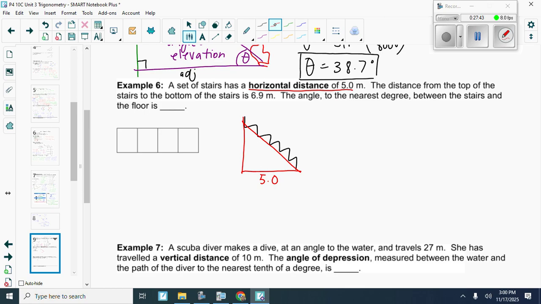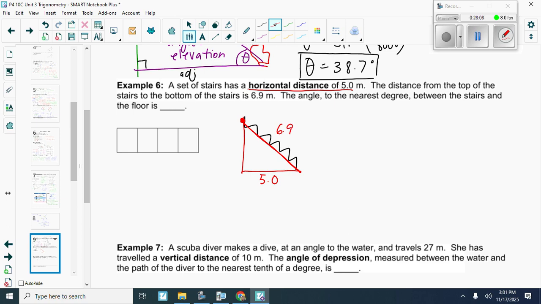So just ask yourself the questions, like, are they saying that the stairs are 5? But they've used the keywords here, horizontal distance. The distance from the top of the stairs to the bottom of the stairs, that's the 6.9.